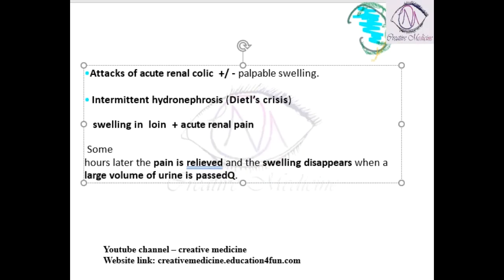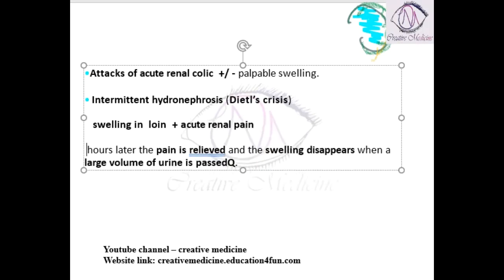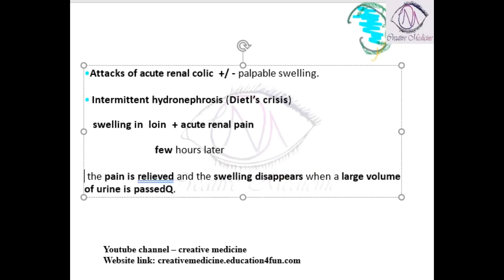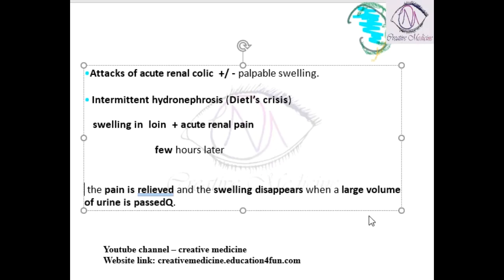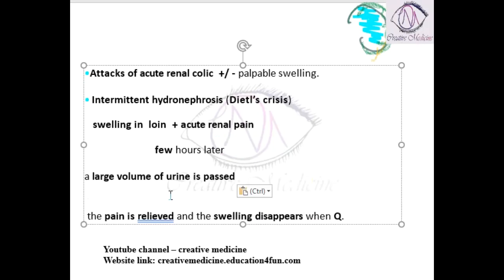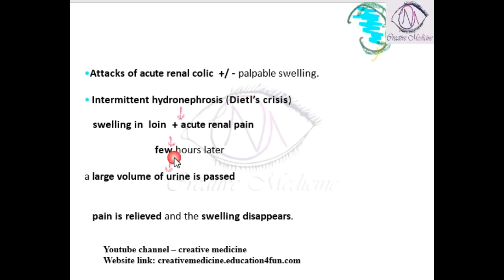A few hours later, the patient will pass a large amount of urine. After passage of a large amount of urine, the patient will have relief from the pain, and the swelling also disappears. This passage of a large amount of urine which causes decreased pain and swelling is called Dietl's crisis.